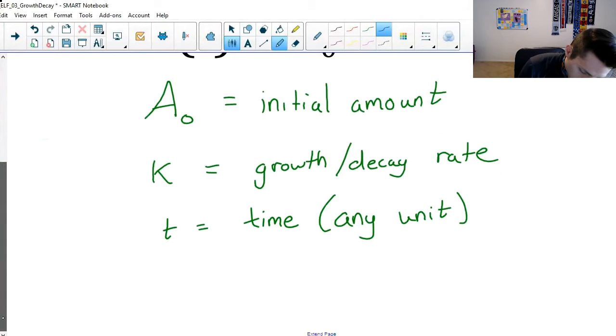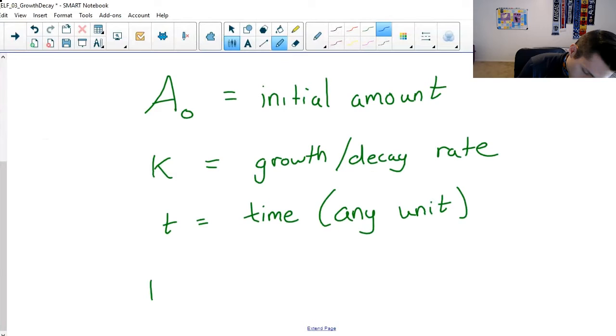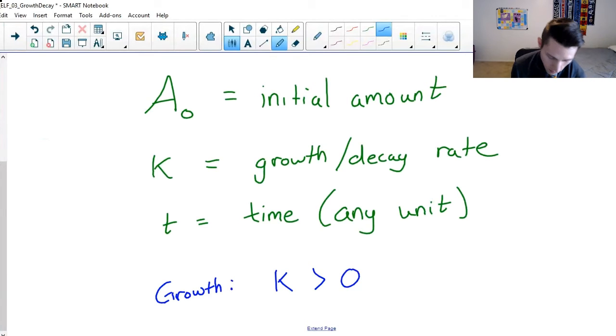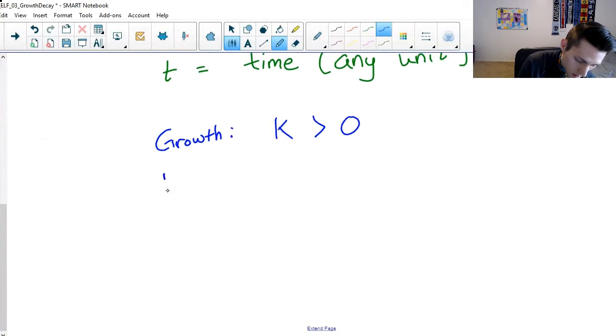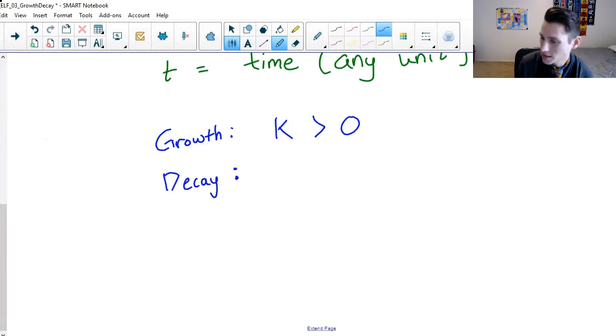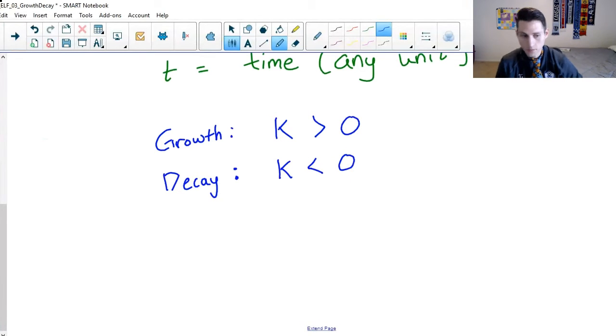And then just another quick last note. If we're talking about growth, then K will be positive. If we're talking about decay, so something that's decreasing, then K will be negative.